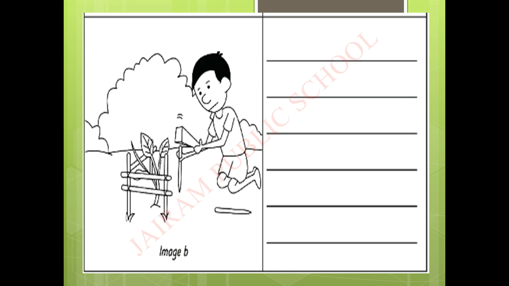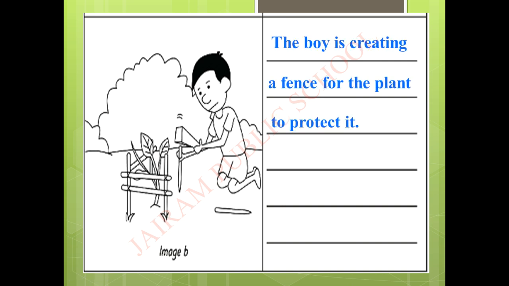Right. Next one, image B. What is the boy doing? He is making a fence for the plant. Is it right or wrong? Yes, of course, it is correct. So we have to describe that the boy is creating a fence for the plant to protect it. This is the answer for this question. As this is a correct action, you need to color this picture.